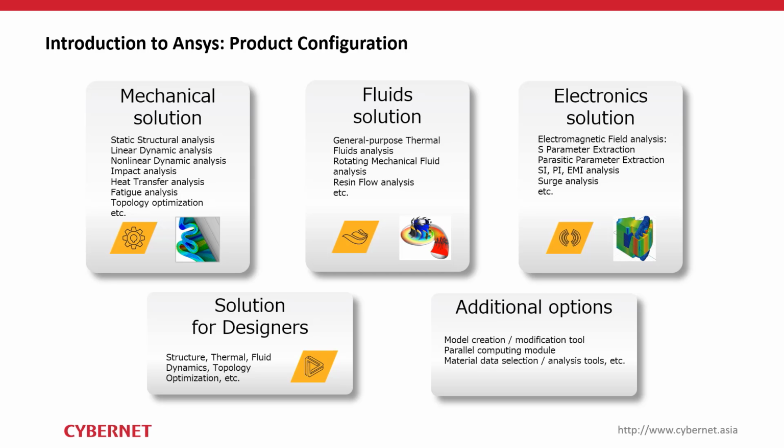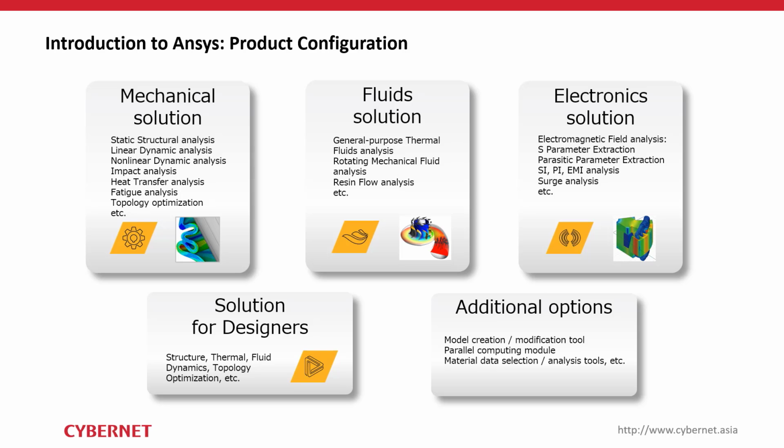On top of that, some additional options offered by Ansys include the parallel computing module, which essentially allows for parallel solving. It takes advantage of modern CPUs that have multiple cores, so you can run your analysis faster.